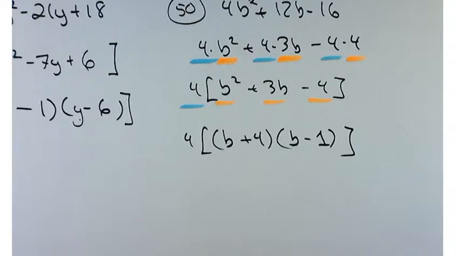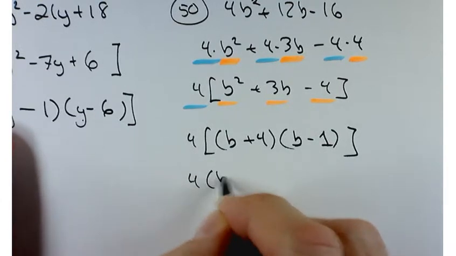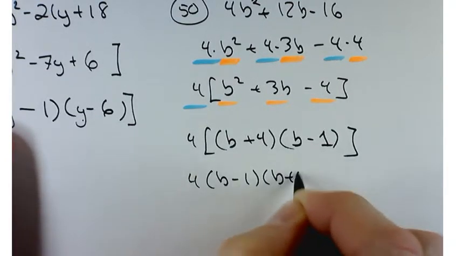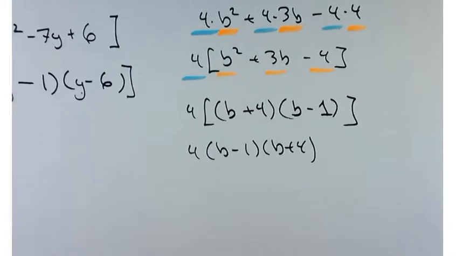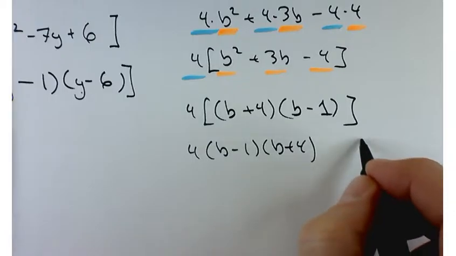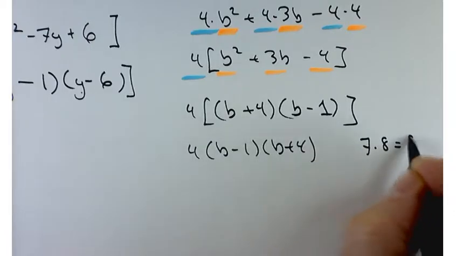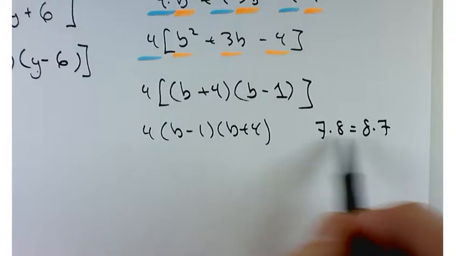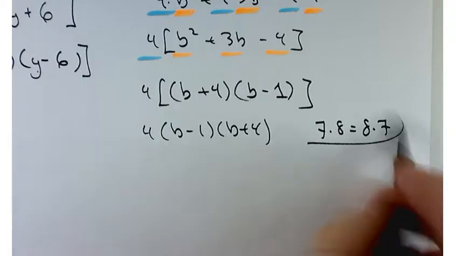Two more like that. Yeah, please. That's fine. Remember, multiplication is commutative. So, for instance, if I have 7 times 8, that's the same thing as 8 times 7. So the order in which you multiply doesn't make a difference.